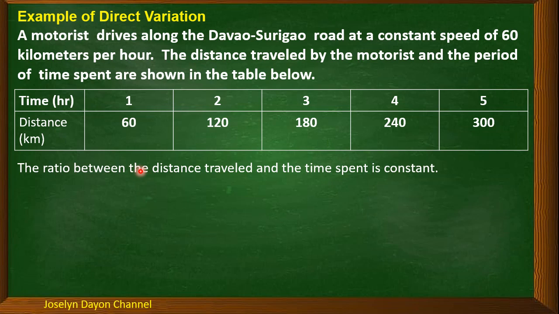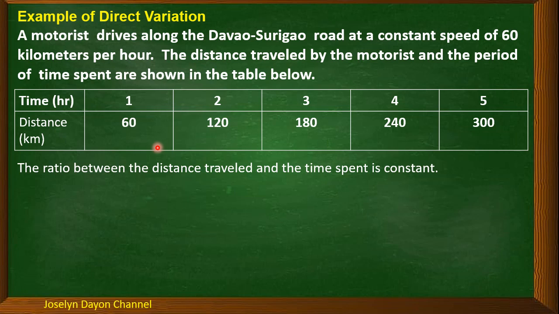The ratio between the distance traveled and the time spent is constant. By the way, if you don't have the worded problem and you are only given the table of values, how will we know that it is direct variation?